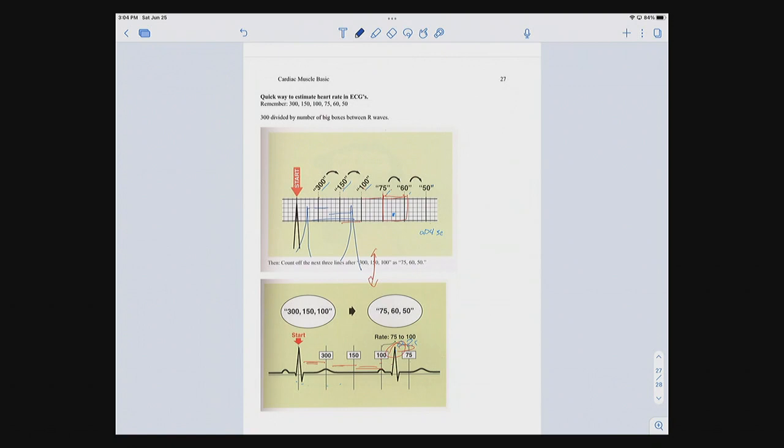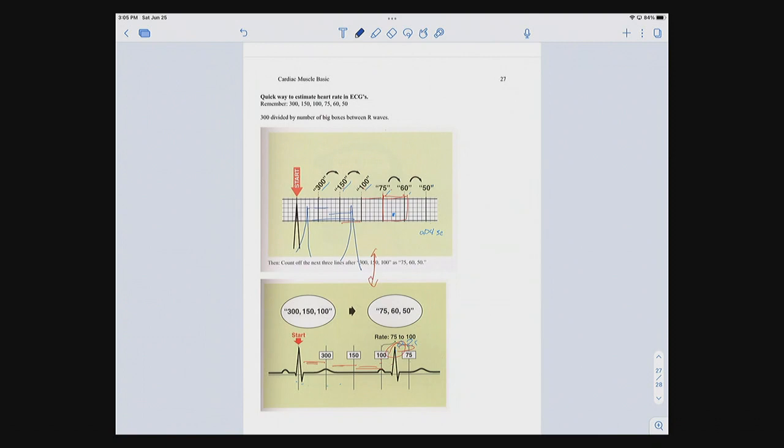You can get pretty good at this, but you want to develop this skill to look at it very quickly: 300, 150, 100, 75, 60, 50, and within 2 seconds you can look at what the rate is. So again, a little trick and a little skill that you want to get good at.